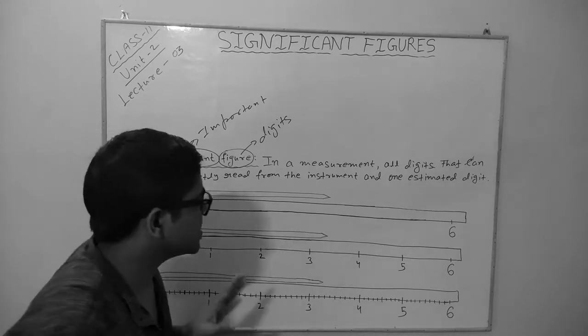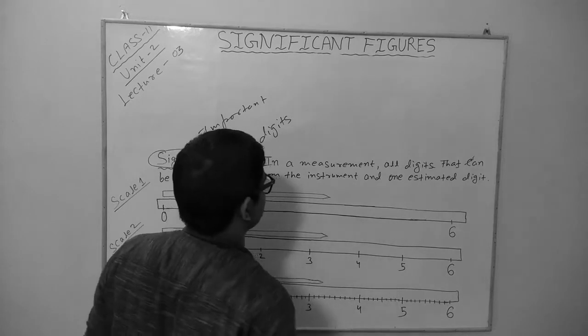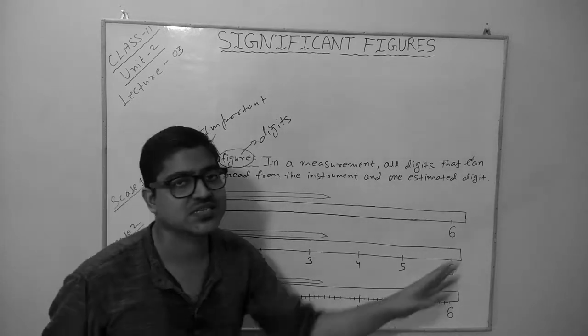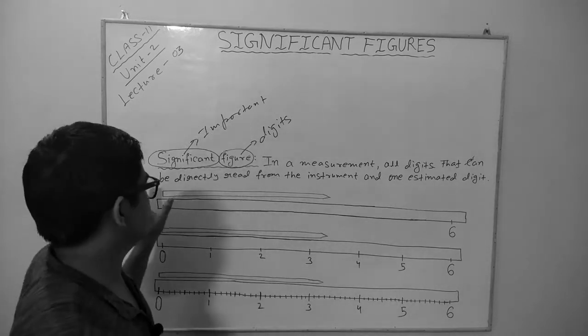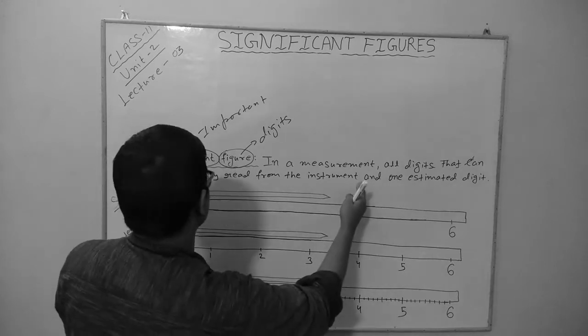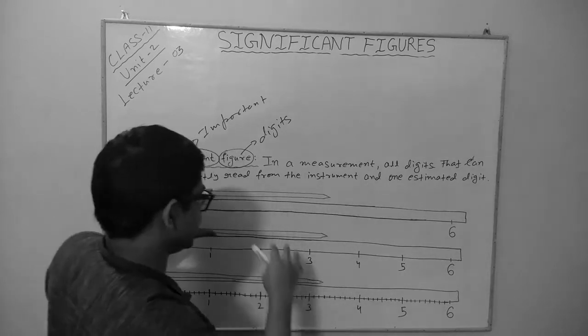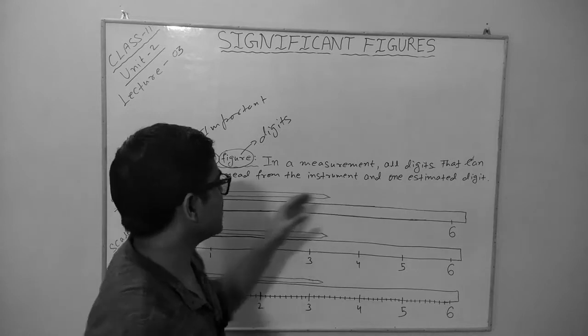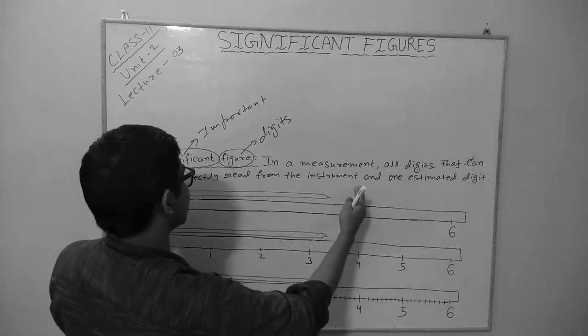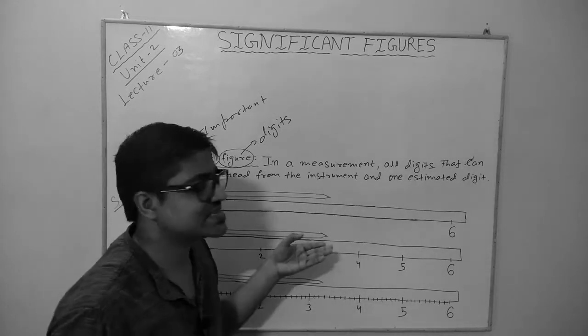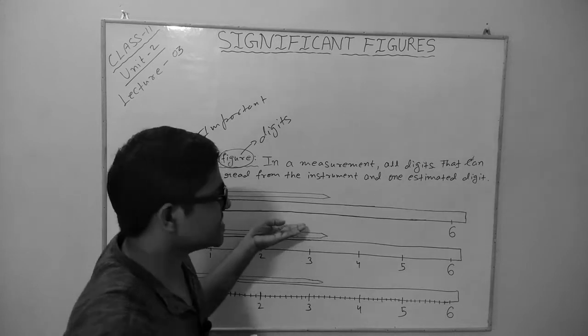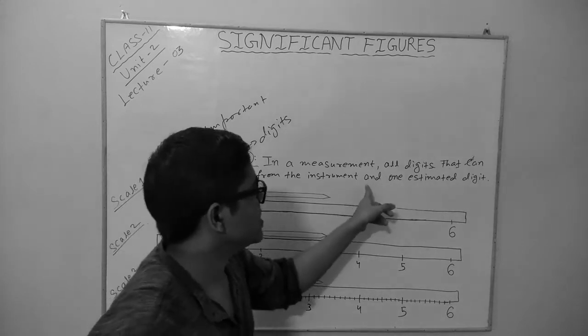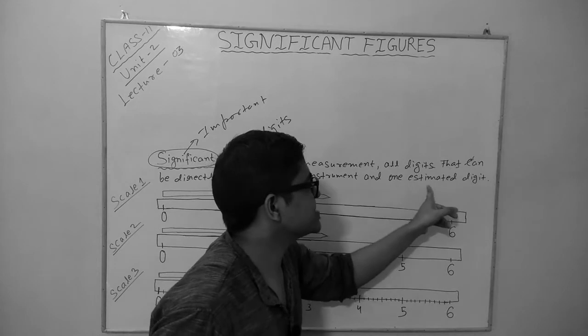No. You cannot read any digit because there is no marking between 0 and 6. So this part is of no use for us in this case. After writing all the digits that can be directly read, which in this case is none, finally add one estimated digit.